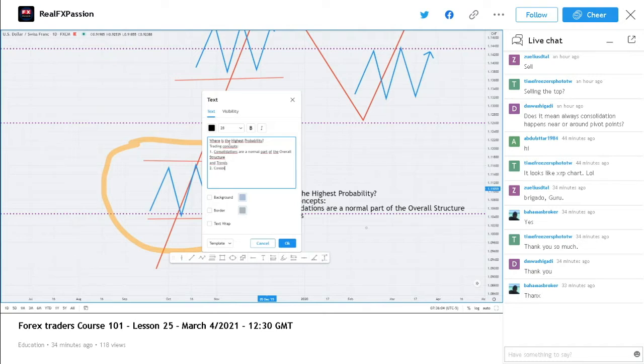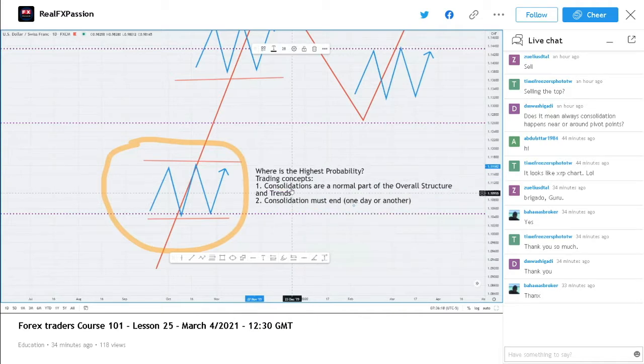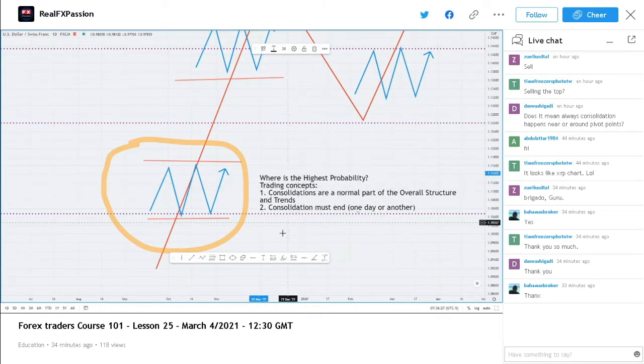And number two, consolidation must end, right? One day or another. So knowing that consolidations are a normal part of the overall structure and trends, consolidation must end one day or another.